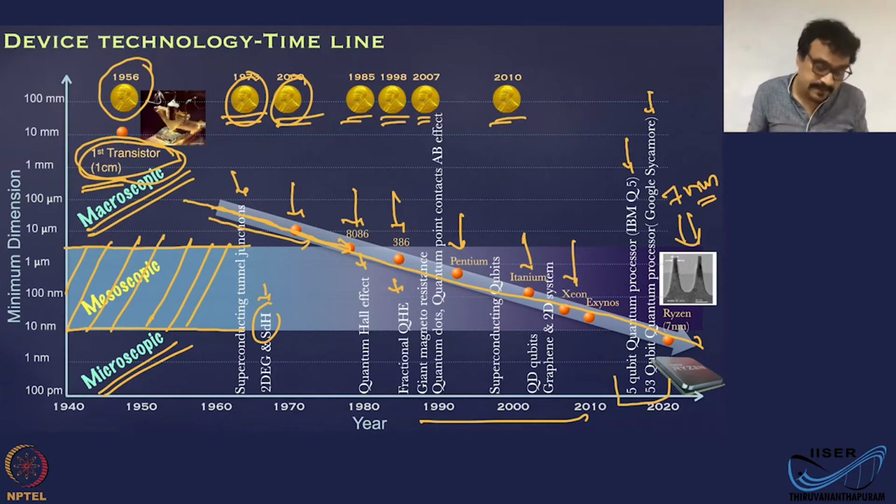Now, at the same time, the development in fundamental physics also has enabled the technology to come up with newer and newer products. For example, the development in two-dimensional electron systems has caused higher mobility transistors.